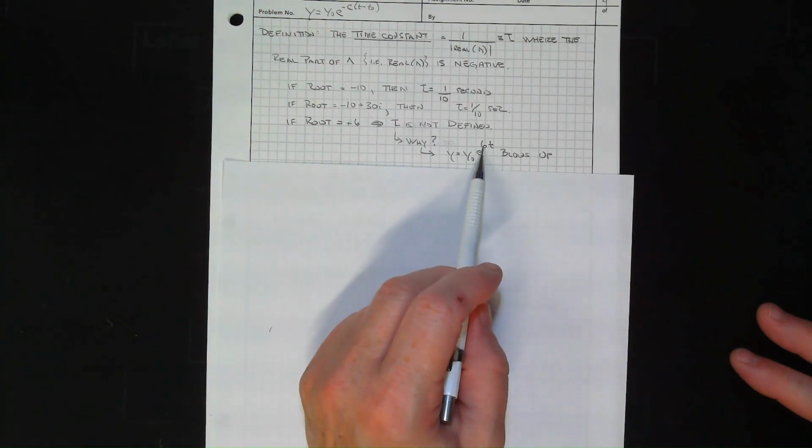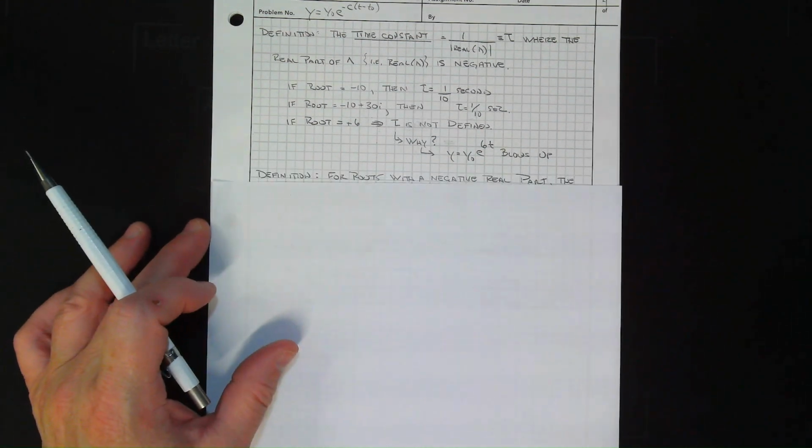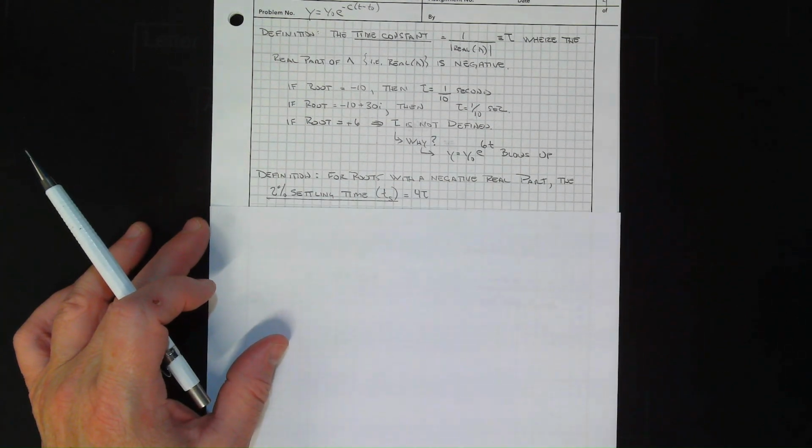Knowing it blows up is a sufficient answer for us. It tells us that if we have to work with such a system, we need to add a controller to stabilize it. We've got to make that into a negative number. Once you know this, you don't need to analyze it any further. It's blowing up, and knowing that is useful enough. So there's our first tool, understanding time constants.